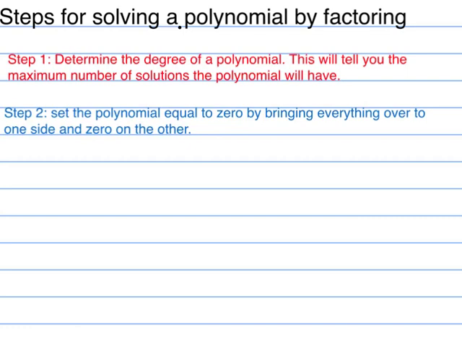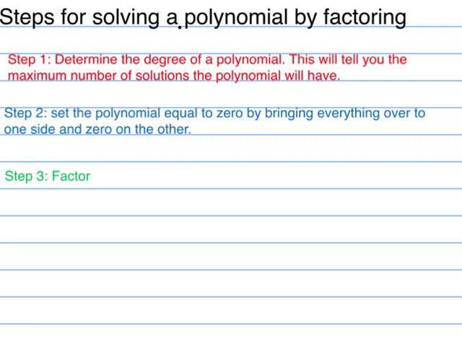If it's already positive, I will bring everything over to that side. I want my powers to be written in decreasing order. So once again, if I have an x cubed, an x squared, and then an x, I will want to make sure that my highest power is first, then my second highest, and then my lowest. And keep doing that until you have the powers in decreasing order.